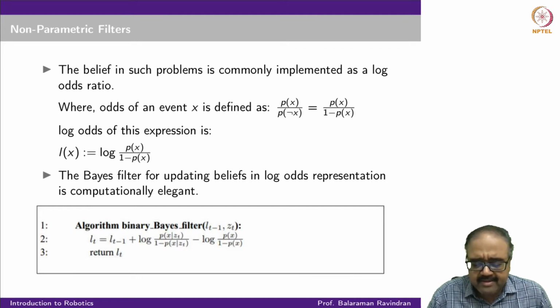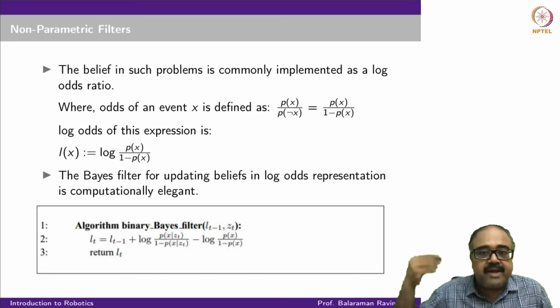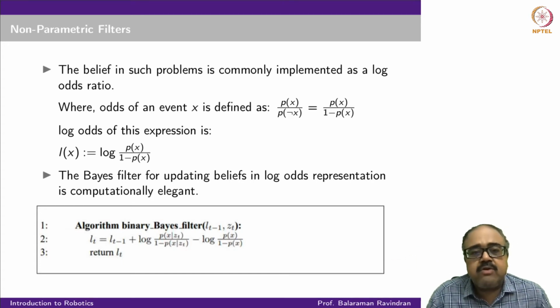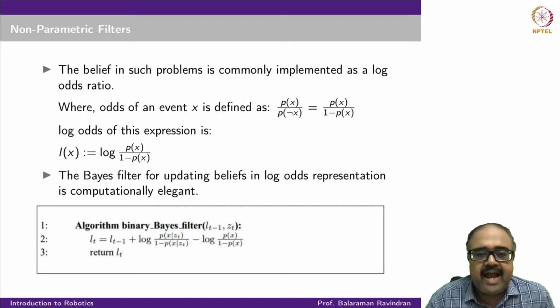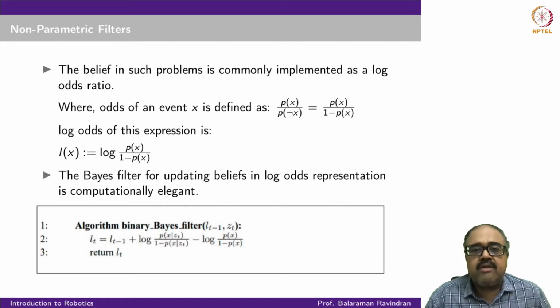This p of x is essentially my prior probability of whether x is true or not. It is the probability that x is true when I have not seen any observation. So this is my initial belief as to whether x is true or not, and I keep adding or subtracting these initial odds on x every time I make the update. We'll see why that's the case as we go along in the next few slides.